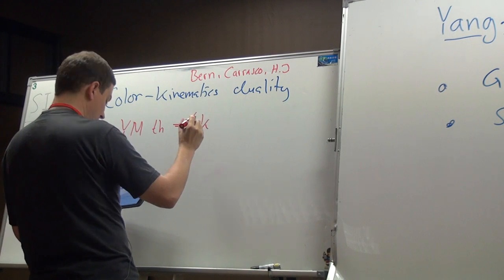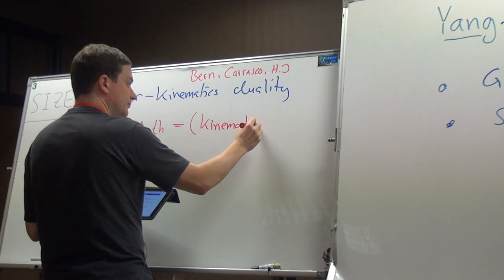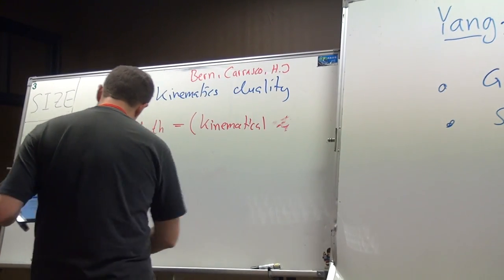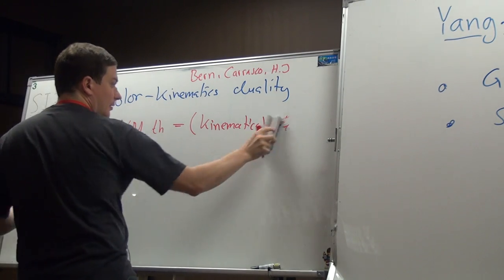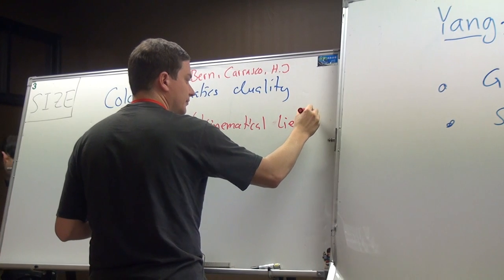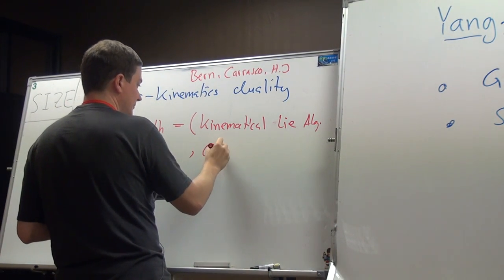There's what we can call a kinematical one, and then there is the usual one, which is just color.